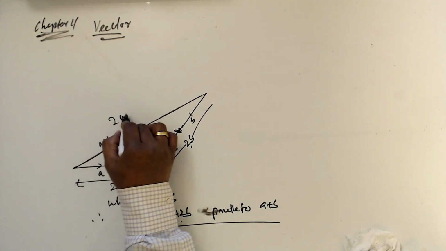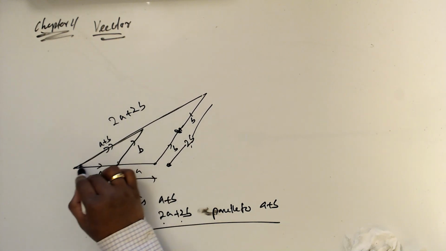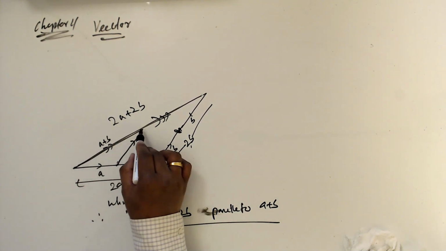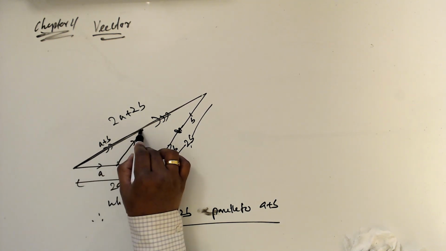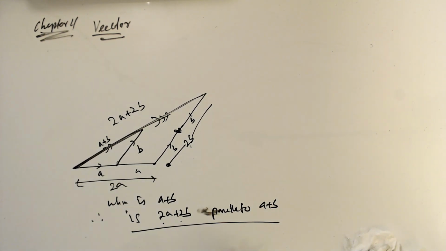It means 2A plus 2B. This one. Now you can see A plus B and 2A plus 2B overlap. It means they are in the same direction. Yeah, it means parallel. Parallel and in a special location. It is overlapping as well.